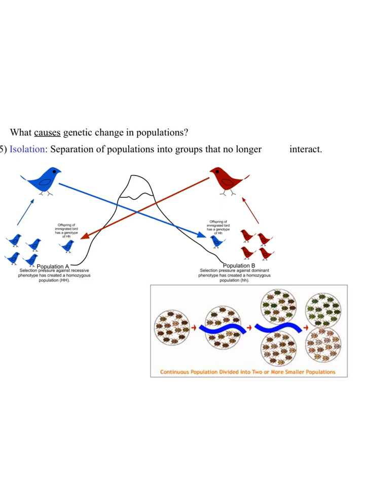For instance, if this population of birds over here, separated by a mountain range, has different selection pressures than we do over here, we might have a profound difference in the gene pool.